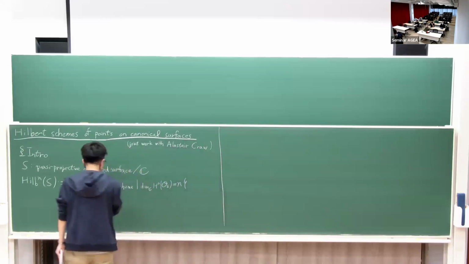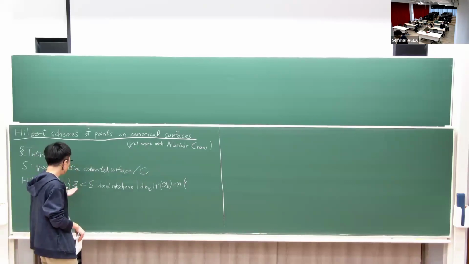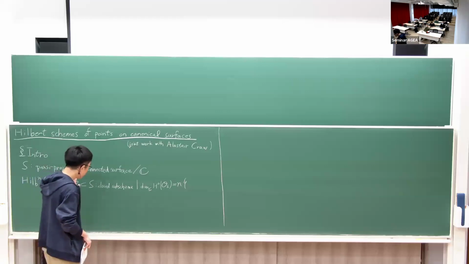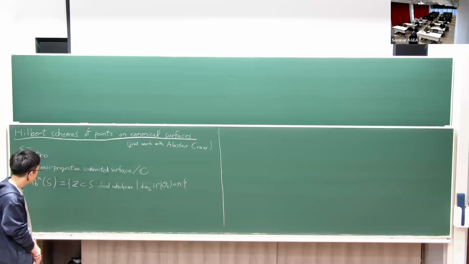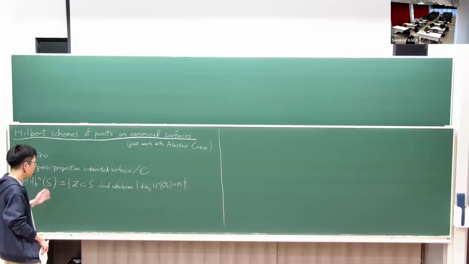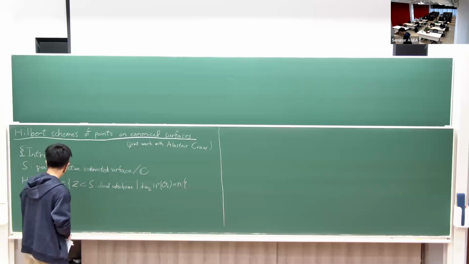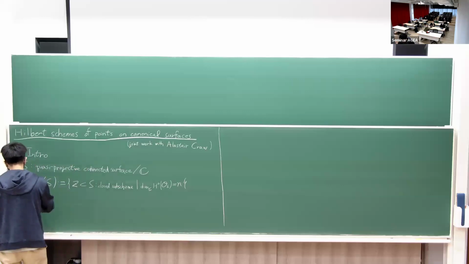This is a subscheme, so it may be non-reduced, and especially each subscheme might have just one point as a support. This set has a natural scheme structure, and in fact, this is a quasi-projective Noetherian scheme defined over the complex number field. So this is the Hilbert scheme of points.